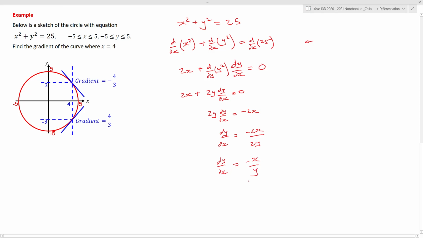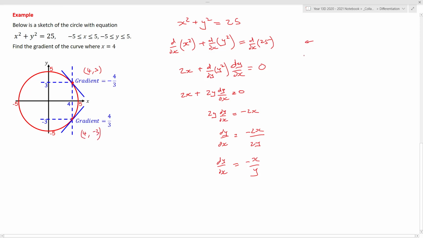So we've got our gradient. Now we've got to find the gradient when x is equal to 4. So it's a bit of a naughty question. It's a good thing they've given us a sketch. When x equals 4, we've got two solutions. So here, our coordinates are 4, 3, and below our coordinates are 4, minus 3.